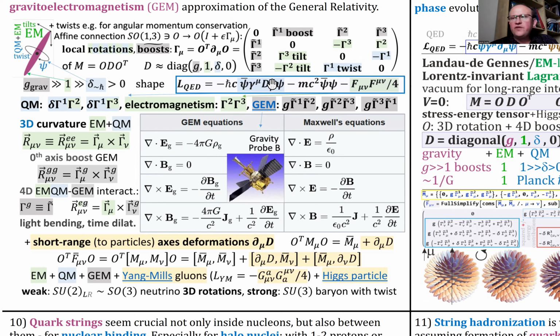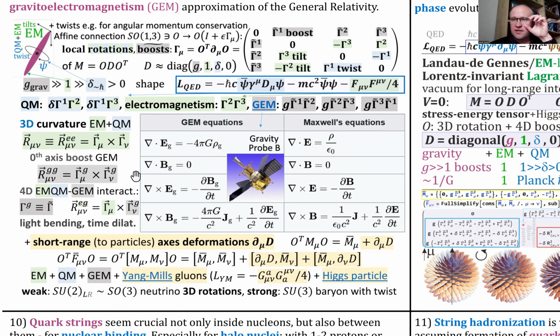Moreover, we live in 4 dimensions, so we should not just use SO3, but SO(1,3), the Lorentz group, so add boosts. So we have also boosts here, the local boost direction. It turns out that it leads to the second set of Maxwell equations, as in the gravito-electromagnetic approximation of general relativity, which was used, for example, for the Gravity Probe B calculations. So we just have the second set of Maxwell equations. If you start with Coulomb, it's not Lorentz invariant.